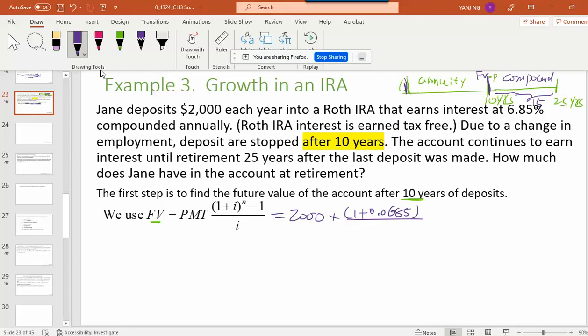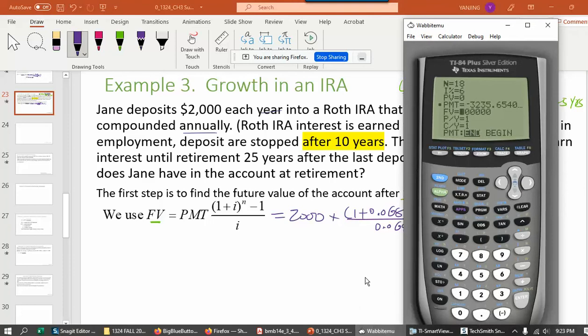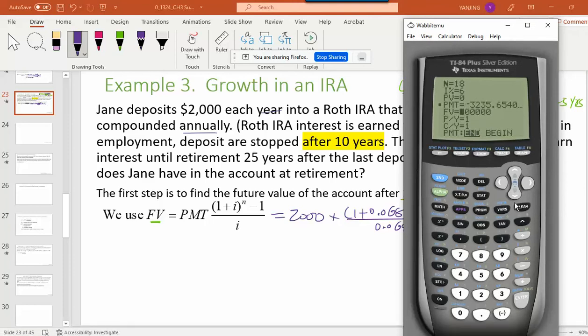Remember, if you use the formula, you have to change it into decimal. The deposit is compounded annually, each year, so that's only one time a year, so that's 10. i here is 0.0685. Oh, this one has to be minus 10. I am going to use the app to calculate this one, which is a little bit easier.